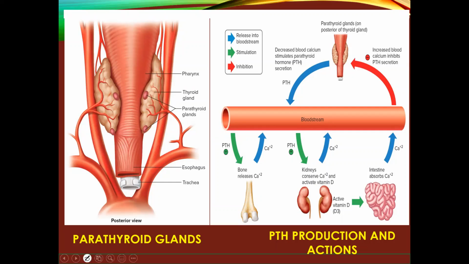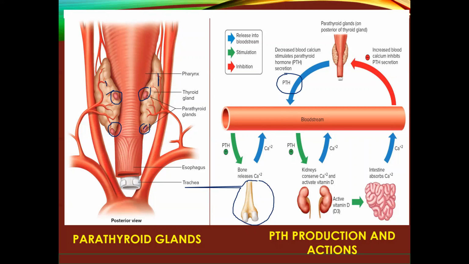Okay, this is the diagram for the location of the parathyroid glands. If you see, this is the thyroid gland. Then in each corner of the thyroid gland, there are parathyroid glands, 4 of them. And the parathyroid glands produce PTH, released into the blood, and then it goes to the bone as a target cell.